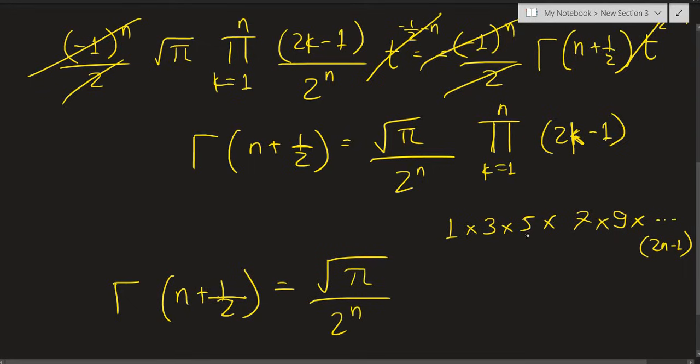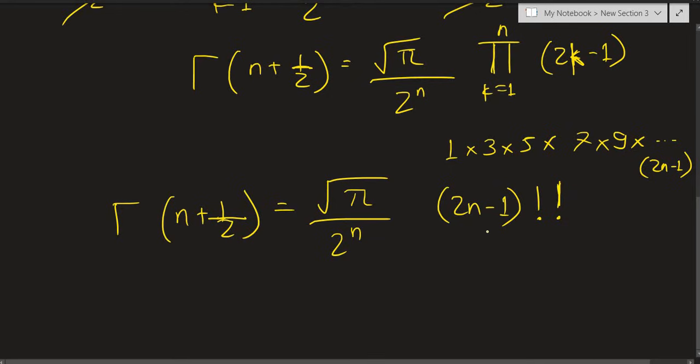So we can represent all of this by using this notation, 2n minus 1 double factorial. You can call this a double factorial or the semi-factorial, it's up to you. We are going to find a better expression for 2n minus 1 double factorial, and then we are going to be complete with our proof by the end of simplifying this double factorial. So I'm going to explain briefly what the double factorial is on a fresh page. Let's get to it. See you there.